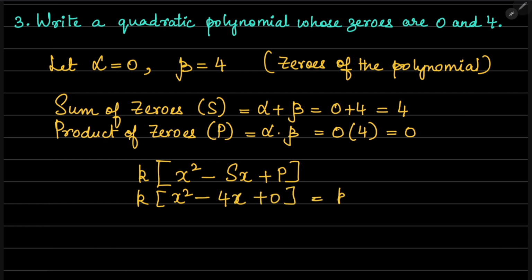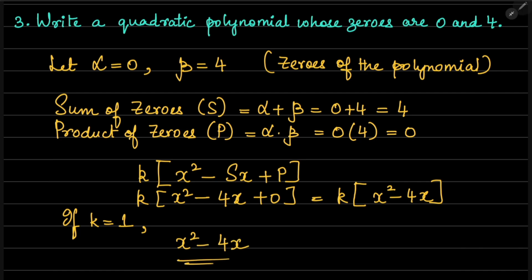So this will give you k multiplied by x square minus 4x, right? And if you are taking k equal to 1, you can take any value, what will be the polynomial? It will just be x square minus 4x. That's all. This is your answer if k equal to 1.